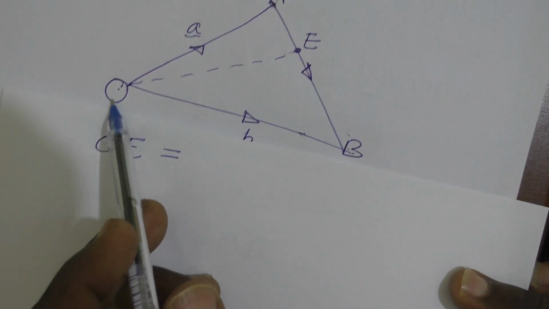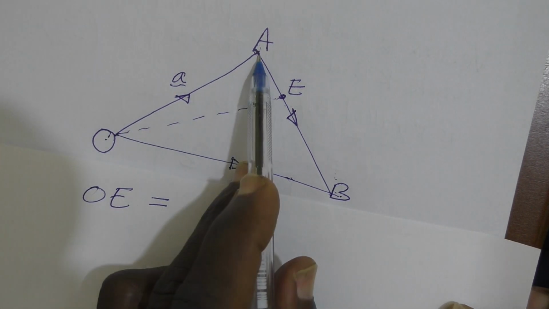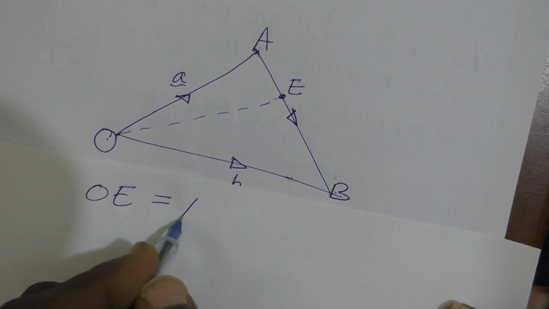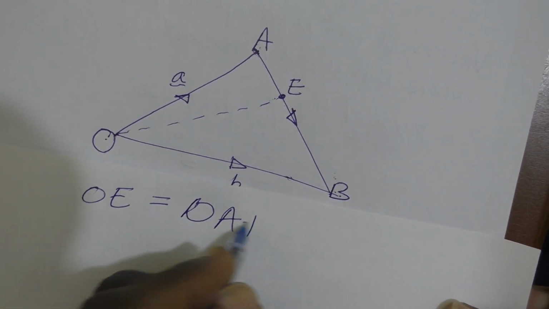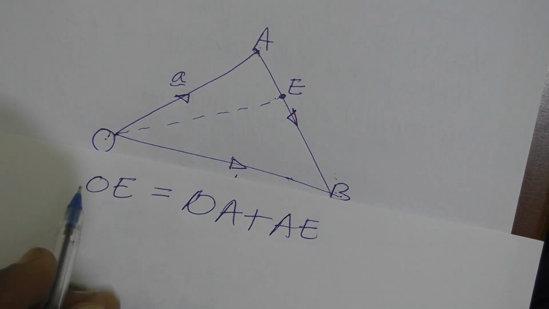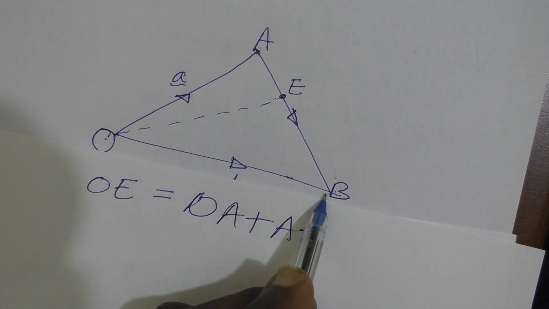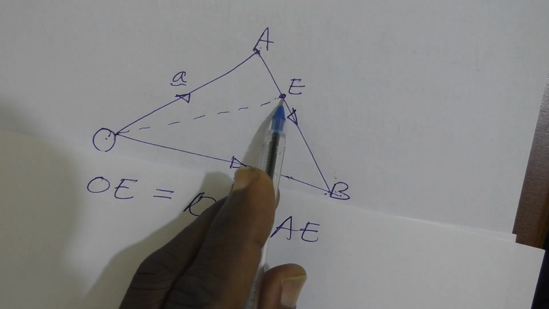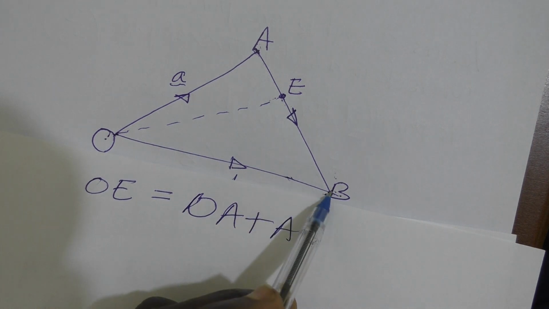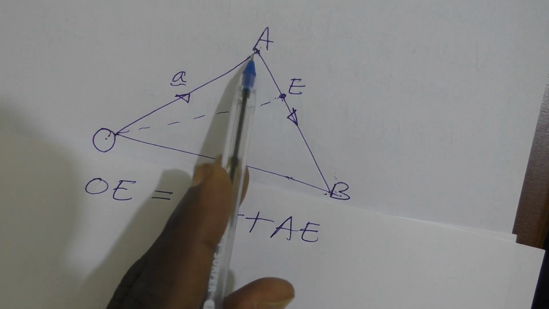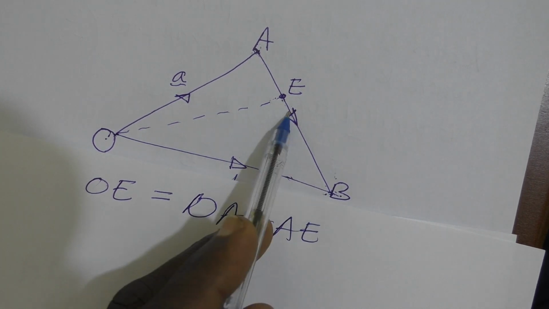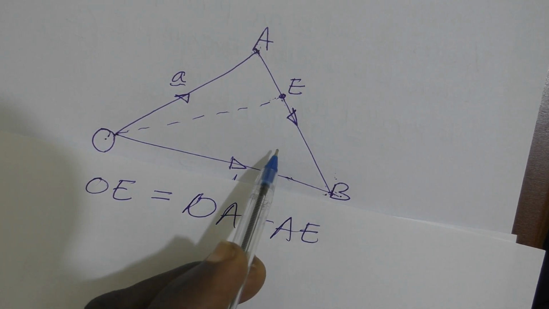We can move from O to A, then from A to E. That is OA plus AE. Or we can also move from O to B and then from B to E. But if you are using this route, you need to be conscious about the direction. Our direction is from A coming to B. So if you are using this route, then you reverse, therefore it will be negative.